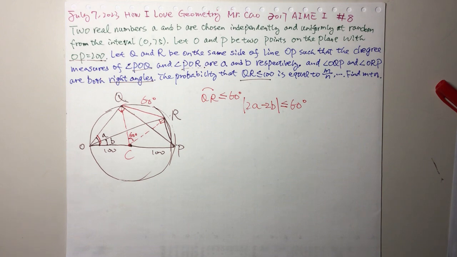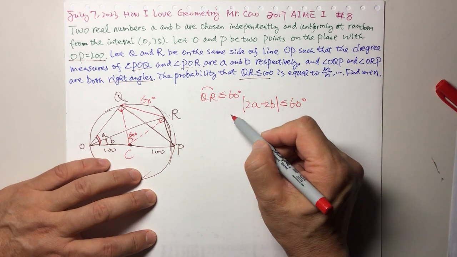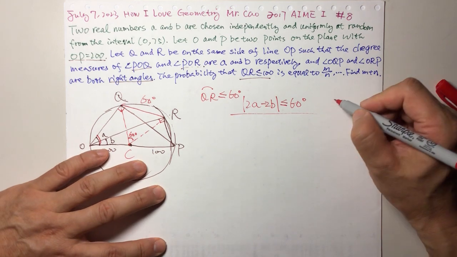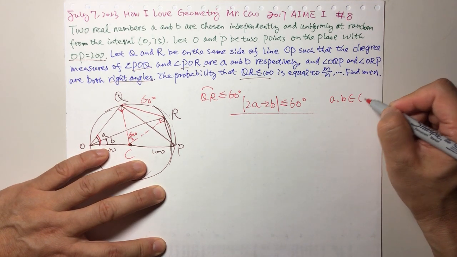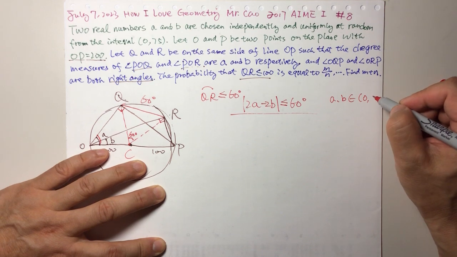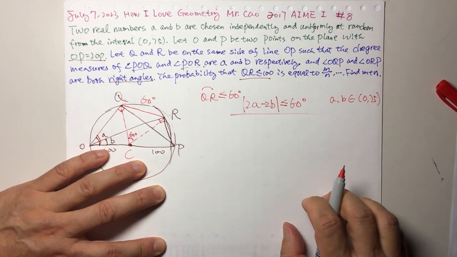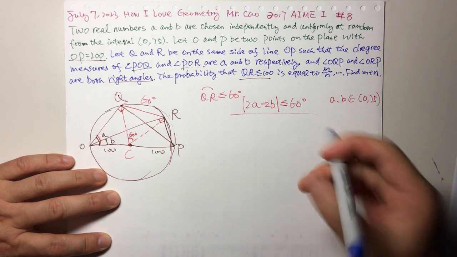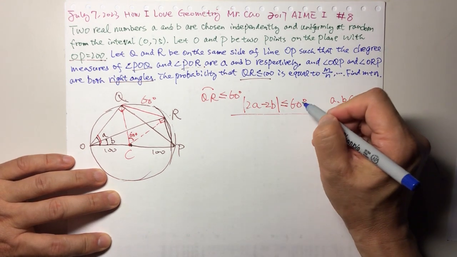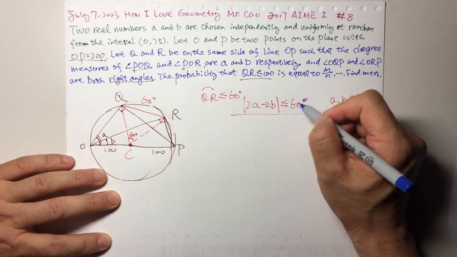We just find the probability of this one, right? And a and b are both from the interval 0 to 75. So how to get this one? Then we will solve this to find the probability that 2a minus 2b is less than 60 degrees.